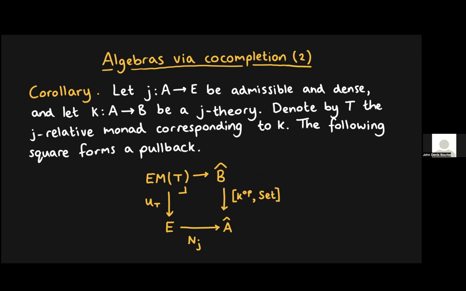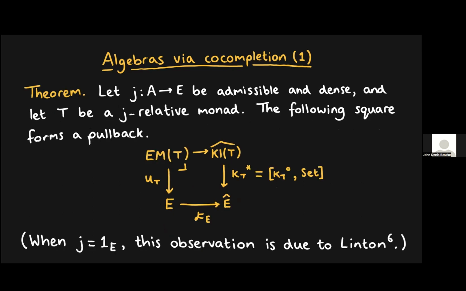So we know from the first part of the talk that J-theories or algebraic theories are essentially the same thing as Kleisli inclusions for relative monads. And so where I have the Kleisli inclusion for a relative monad here, if I have a theory, the Kleisli inclusion is just the theory.